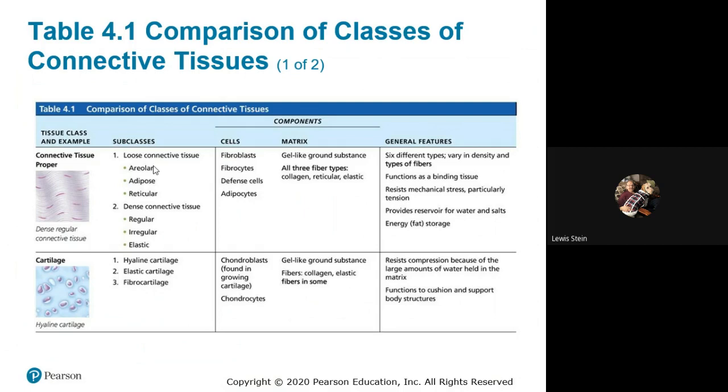So the cells are not next to each other, they're spaced. What's in the space? In loose areolar, it's air. They're airy. Okay? And loose areolar connective tissue underlies every epithelial tissue. Doesn't matter whether it's the epidermis of your skin, it doesn't matter whether it's lining a blood vessel, there's a teeny tiny amount of loose areolar connective tissue.